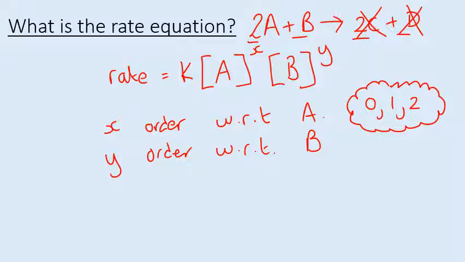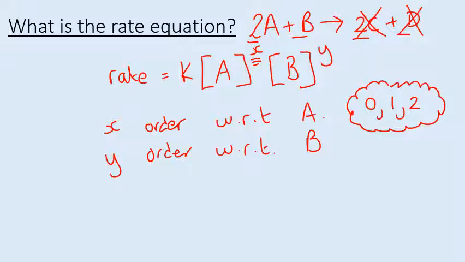So if we're saying that it's 0 order, what we're actually saying is the concentration does not have any effect on the rate. So for example, if X was 0, we're basically saying that the concentration of A doesn't affect the rate of reaction because it's 0 order. Likewise, if Y was 0, we're saying that the concentration of B has no effect on the rate of reaction.